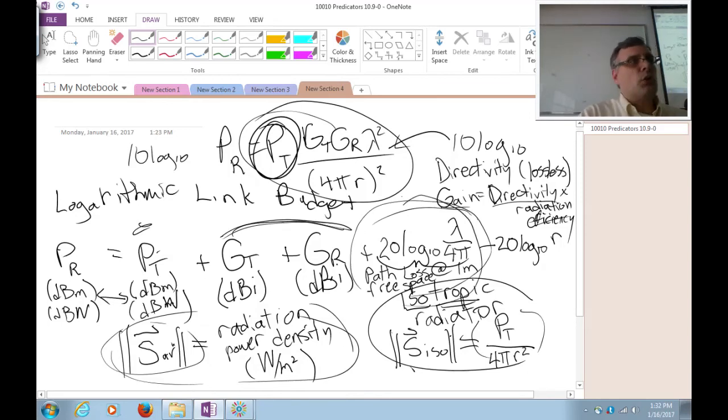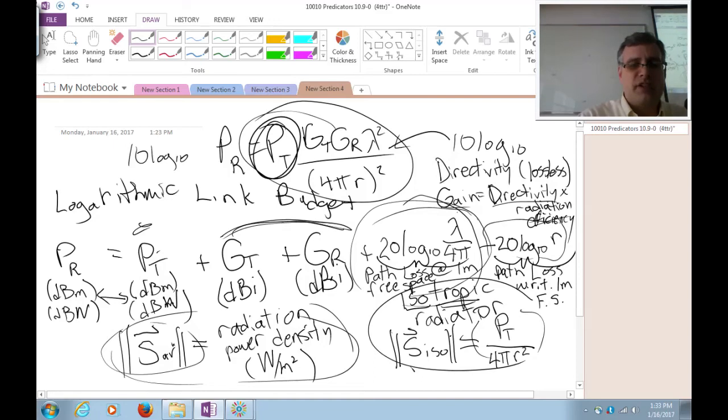And this term is also where the main frequency dependence comes in, right? This is lambda. Lambda is speed of light over frequency. So really, that's where the frequency dependence of the link happens. This term over here is the path loss with respect to 1 meter free space.